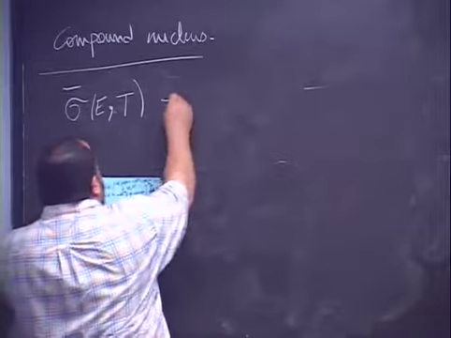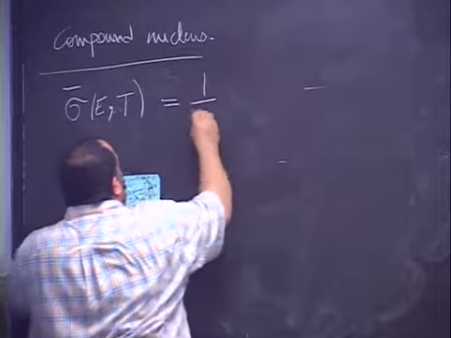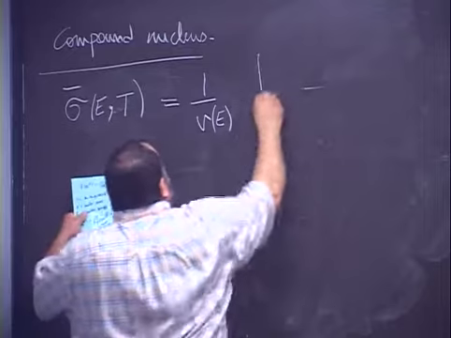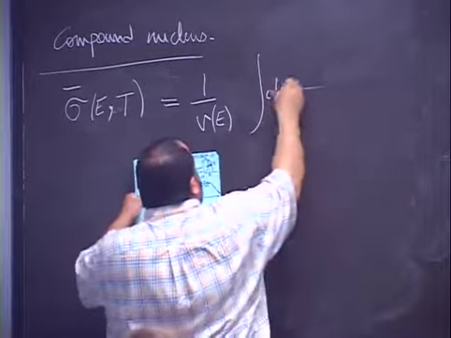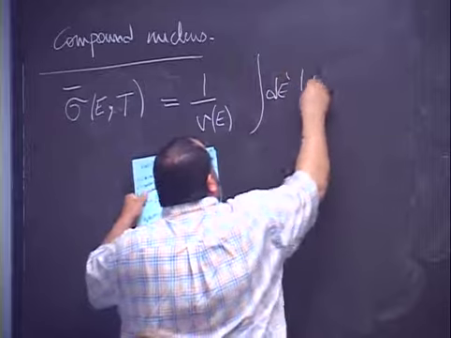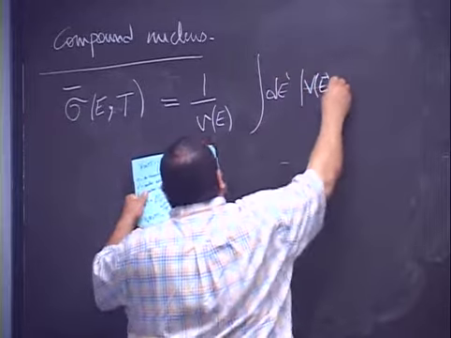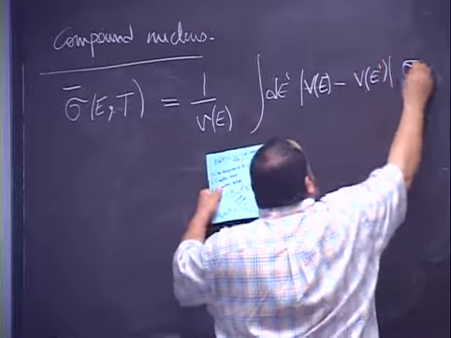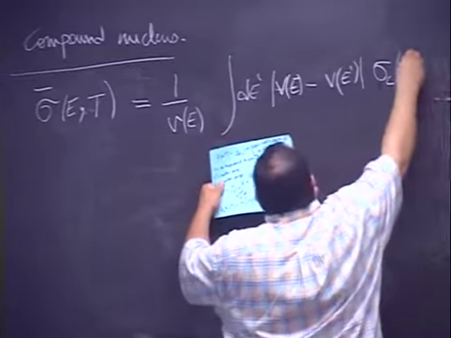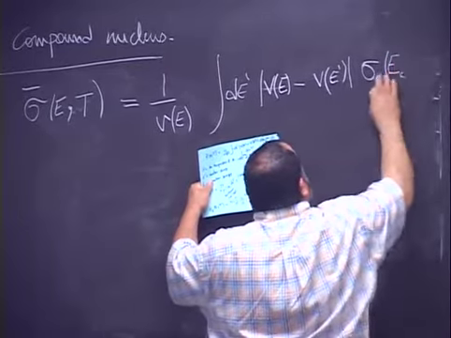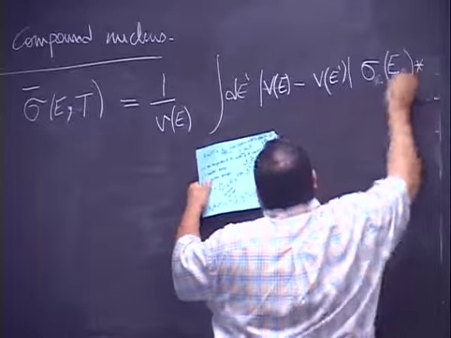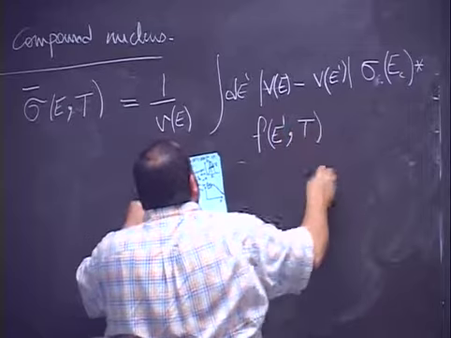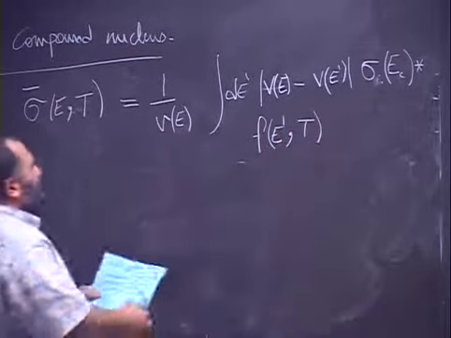So this average is coming from 1 over the velocity as a function of energy E, multiplied by V of E minus V of E prime multiplied by sigma as a function of E_C, multiplied by the Maxwellian or whatever energy distribution function as a function of E prime and T. What does it mean?